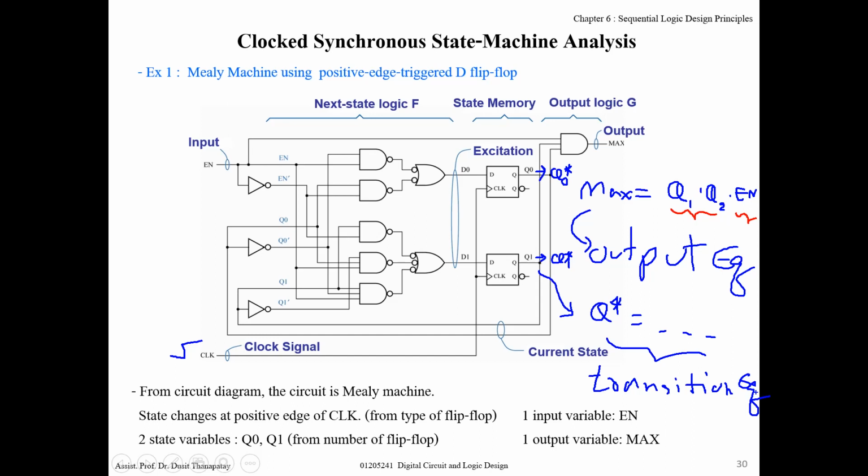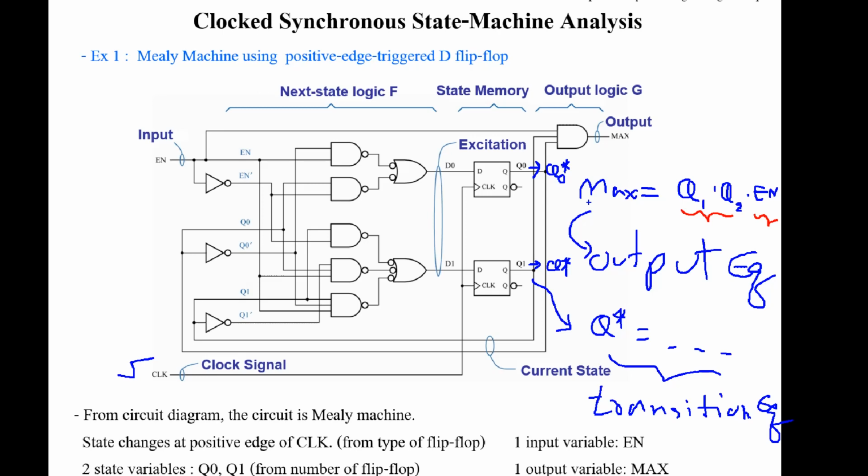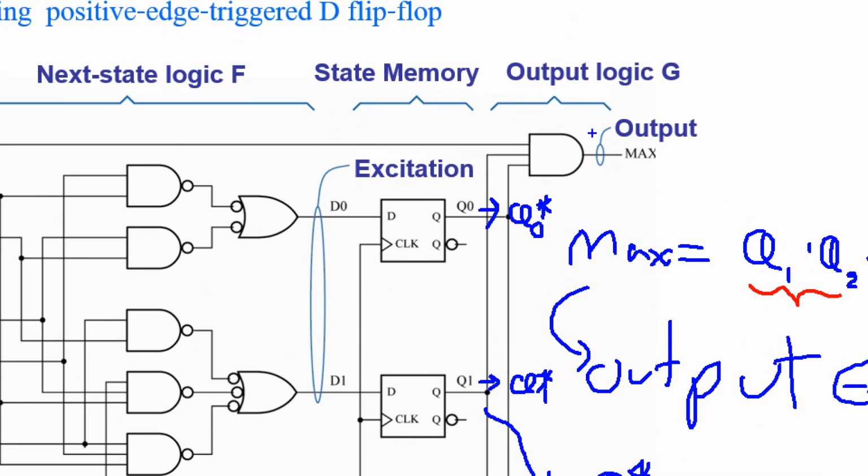Of course, it must be a function of state and input. How do we get the transition equation? Very easy. At first, if you use the default like this example, Q0 star equals D0, right?